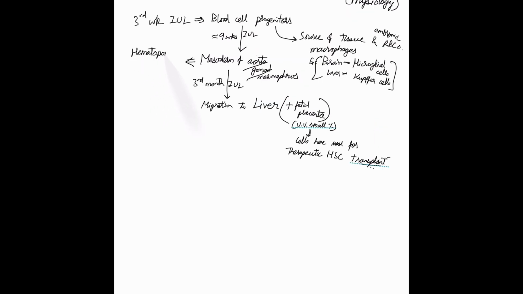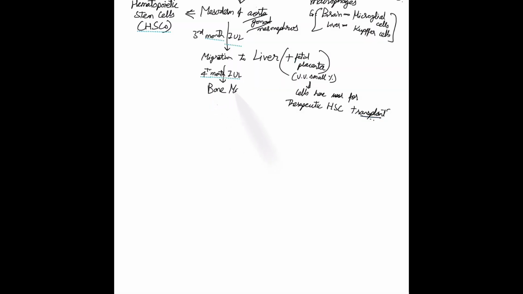Then, the mesoderm of the aorta-gonad-mesonephros gives rise to hematopoietic stem cells. And then later in the third month, these stem cells migrate to the liver, with also a small contribution from the fetal placenta. So these cells can be useful for therapeutic hematopoietic stem cell transplantation.